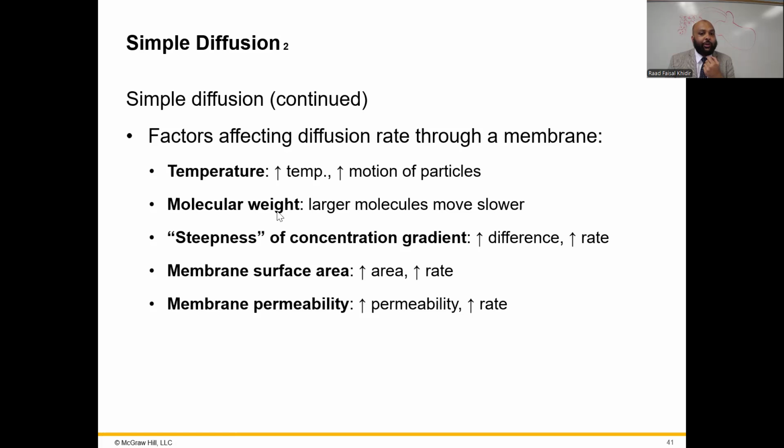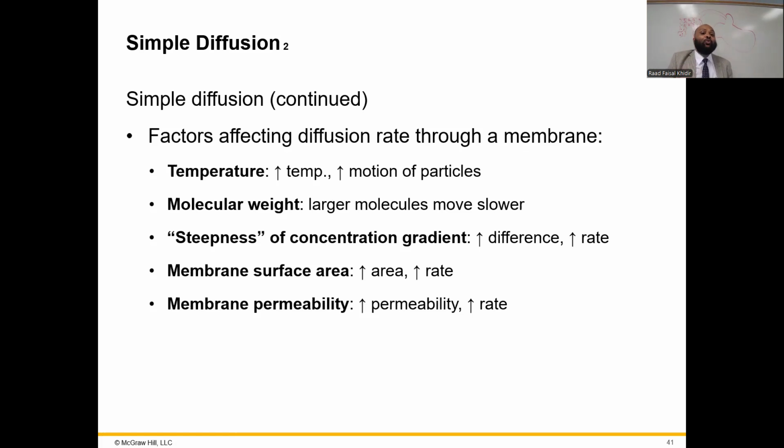There's also molecular weight. Molecular weight is when you have larger molecules moving slower, and the steepness of the concentration gradient. So if you have 500 on one side, 100 on the other, compared to 700 one side, 100 on the other, or 900 one side, 100 on the other. The gradient is so steep. So the more steep the gradient, the faster the reaction rate.